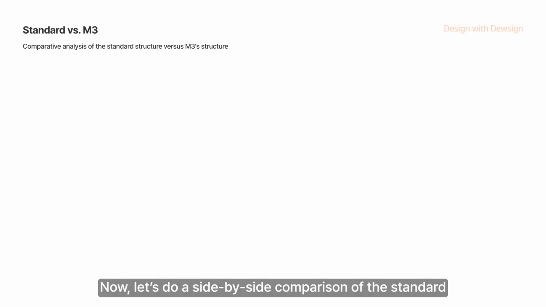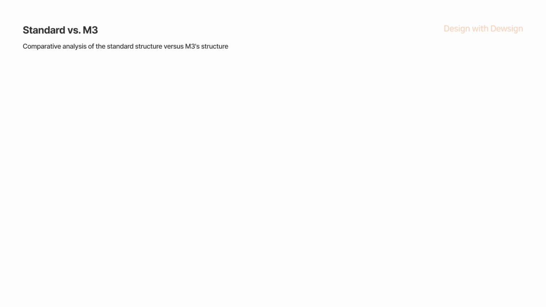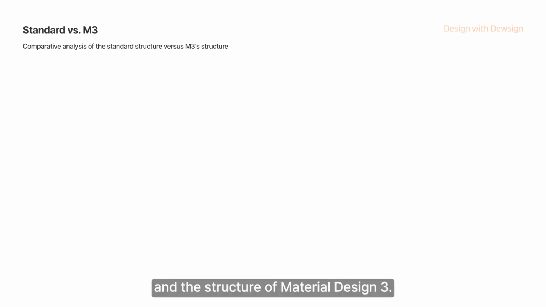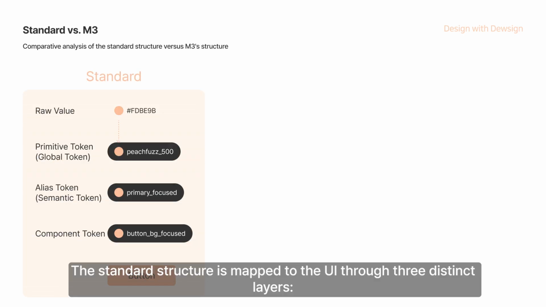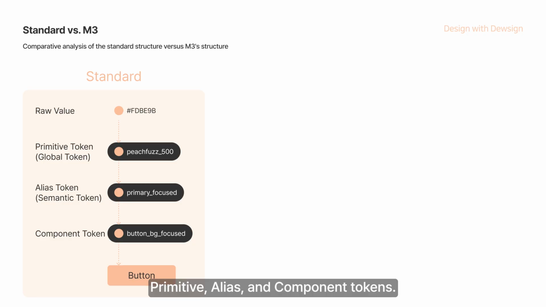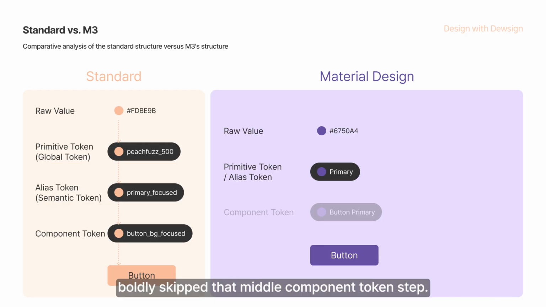Now, let's do a side-by-side comparison of the standard three-layer structure we established earlier as our core principle and the structure of Material Design 3. The standard structure is mapped to the UI through three distinct layers: primitive, alias, and component tokens. On the other hand, Material Design 3 boldly skipped that middle component token step.